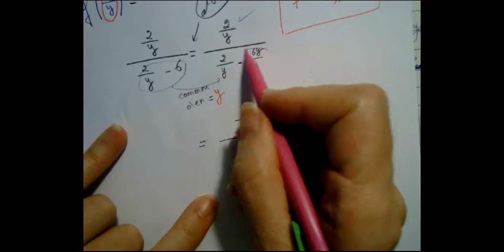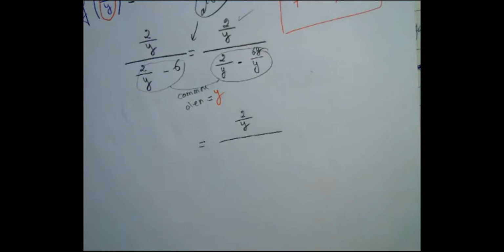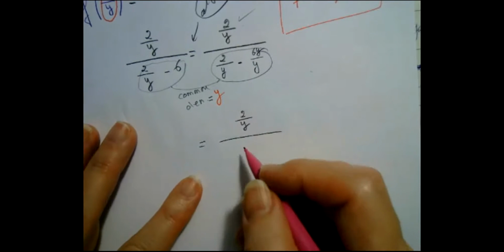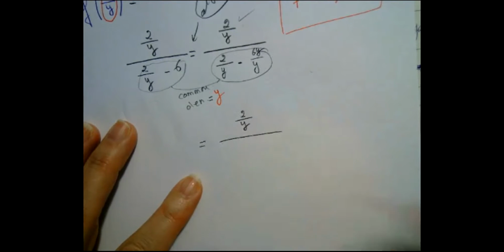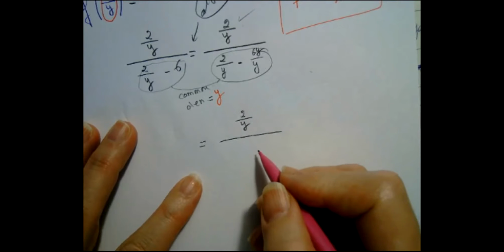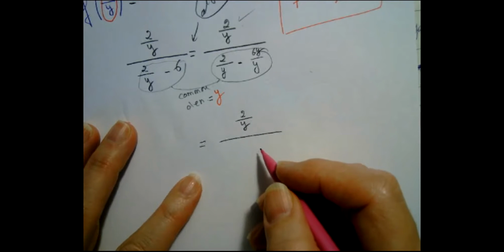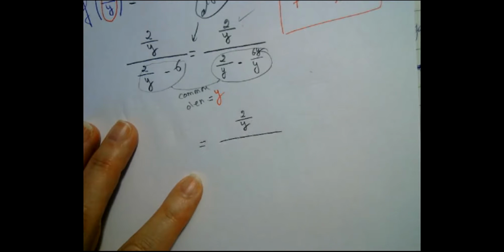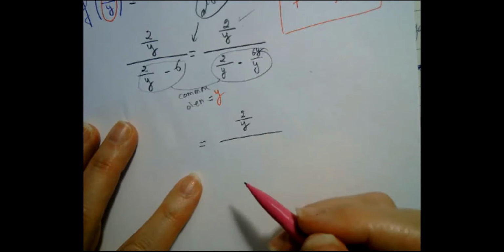What's the benefit of having a common denominator? Why do we do it? You can combine them. We can combine the numerator. Exactly.